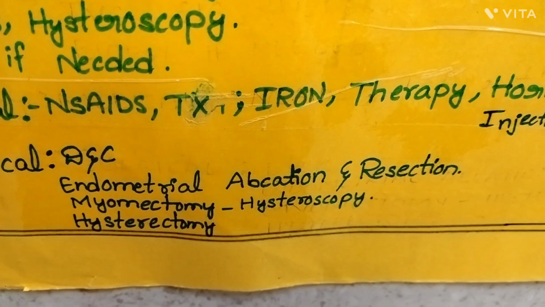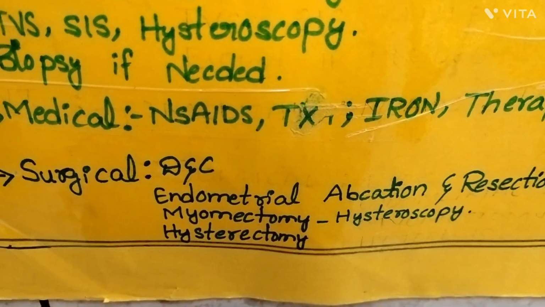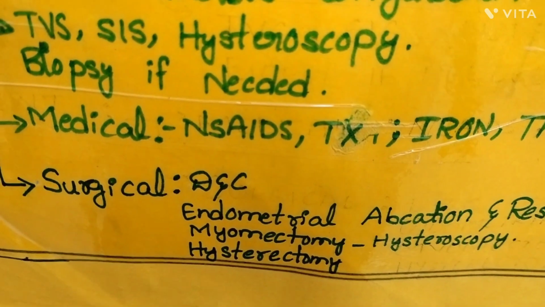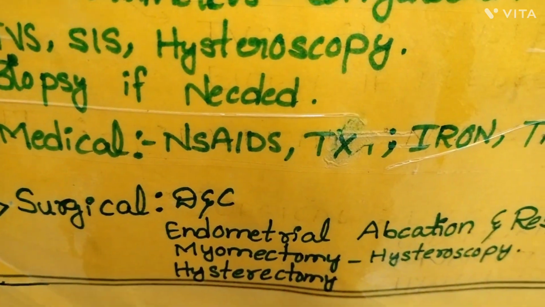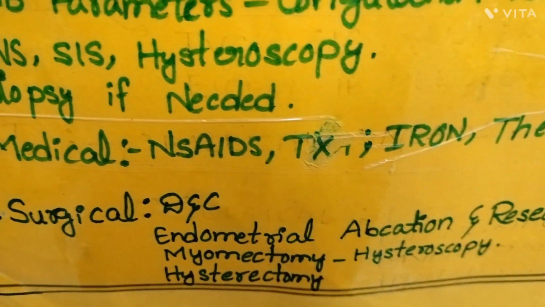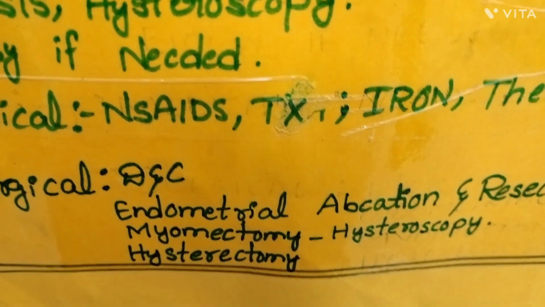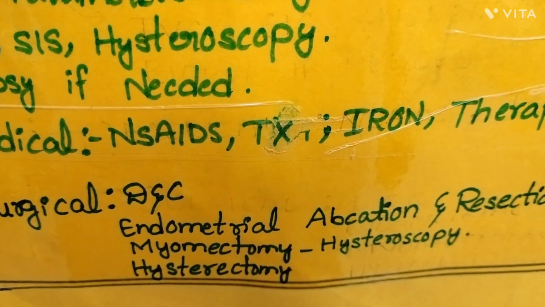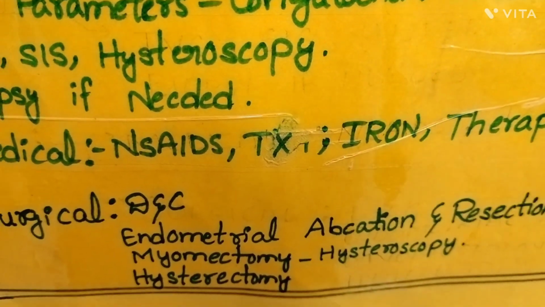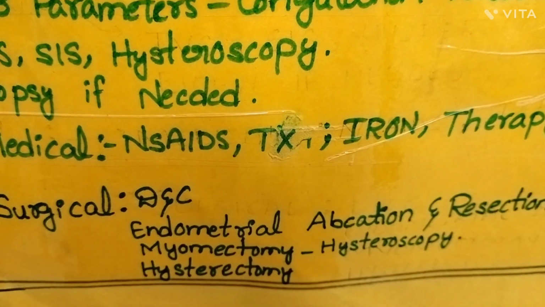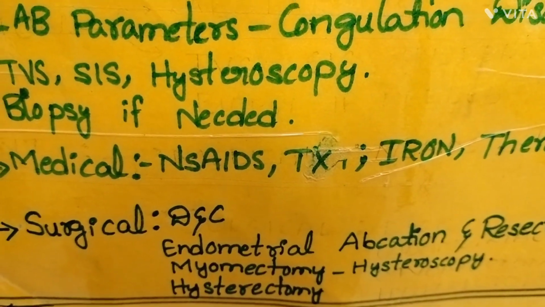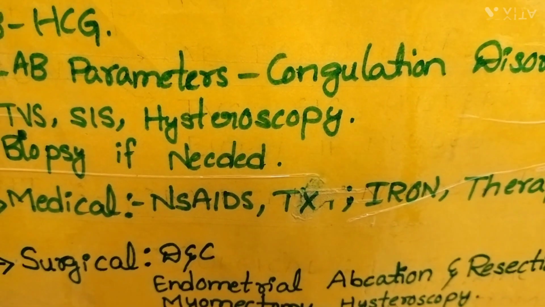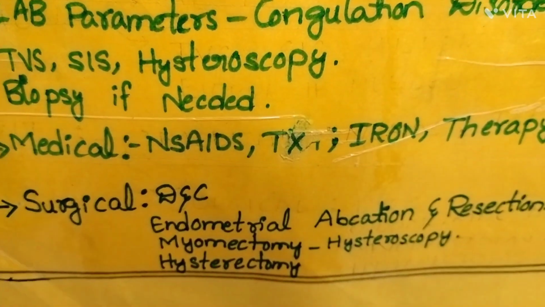Or we can also go for endometrial ablation or resection. If there are any fibroids, we can go for myomectomies. If it is submucosal, we can go with a hysteroscopic guided myomectomy, or we can go for a laparoscopic guided myomectomy if it is subserosal. But subserosal mostly won't cause abnormal uterine bleeding, though sometimes pain may be there during her menstrual cycles.